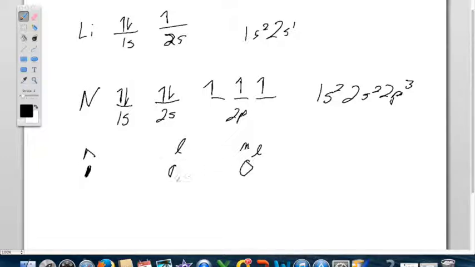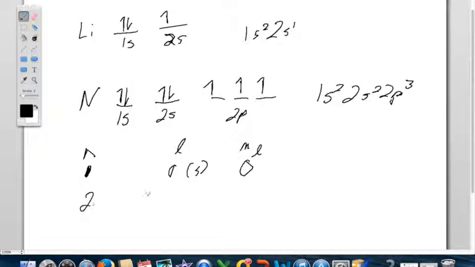So if you're not clear on how we got this, again, review the quantum numbers in your video and in your text. And remember, the L subshell tells us that we have S-shaped orbitals. So an L of 0 indicates S-shaped orbitals in that subshell. The m sub L tells us that there is only one orbital of the S type.